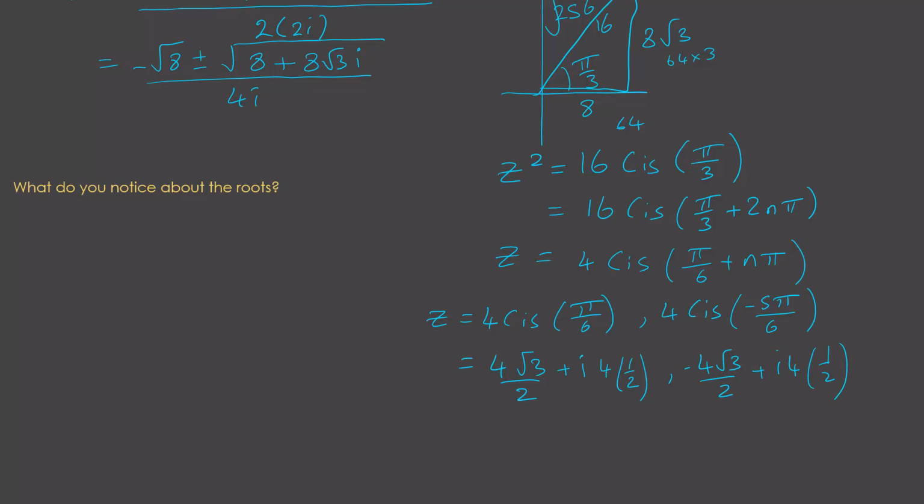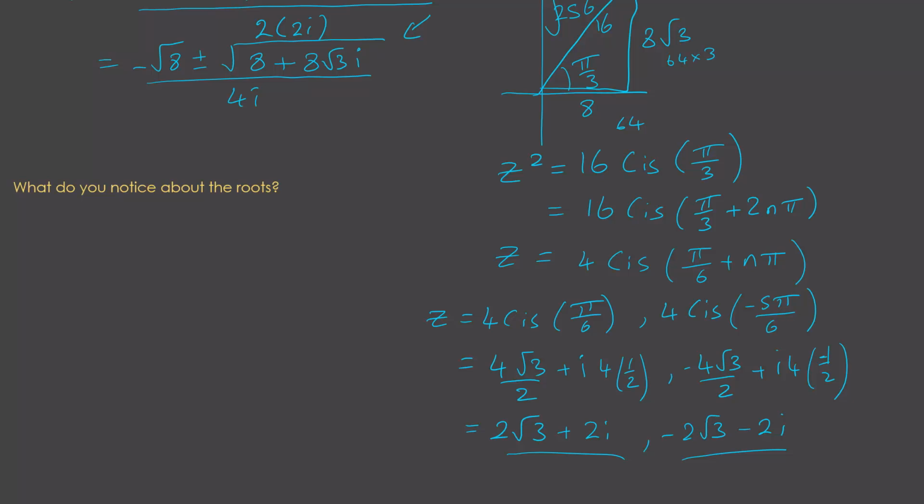And so that's going to be 2 root 3 plus 2i and negative 2 root 3 take 2i. This one's actually negative a half because we're in quadrant 3. So those are my plus and minus square roots up here.